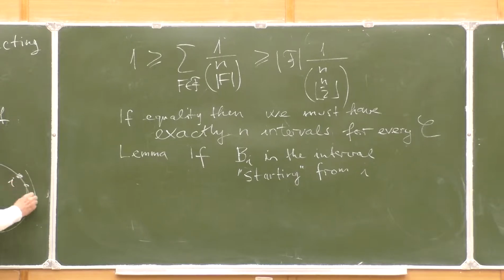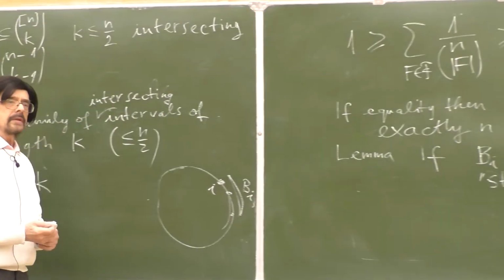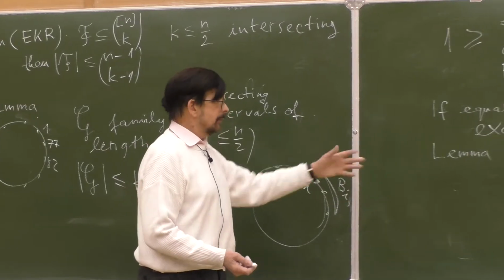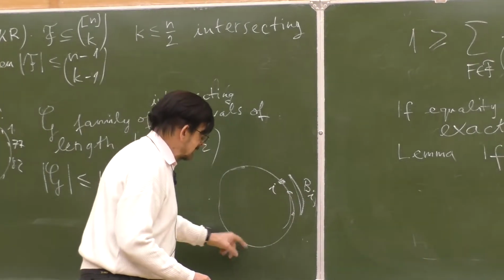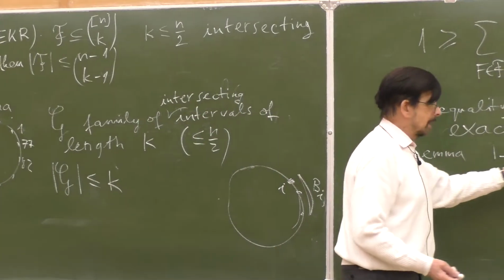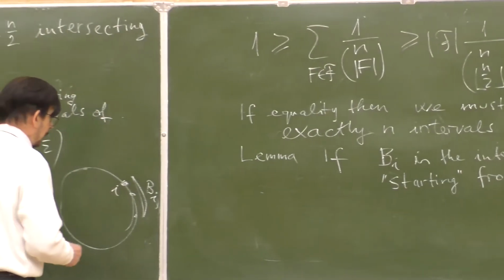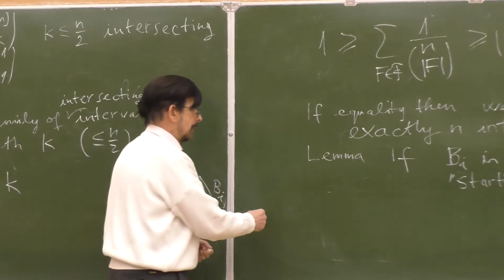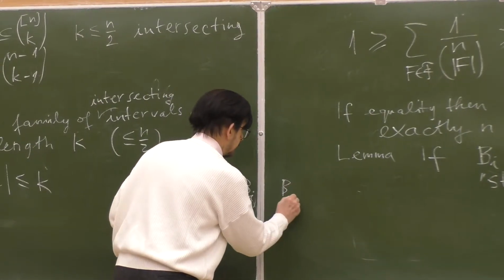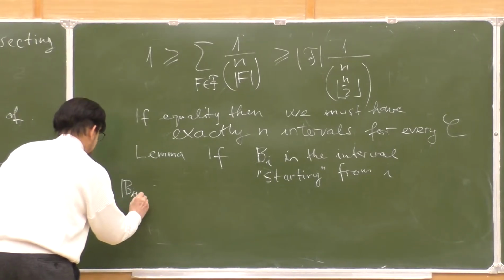So this is i, and this is B_i. Of course, here we always mix the elements, but for the moment we suppose that they are indexed from 1 to n. It doesn't make any difference, just it would be very complicated to use many indices. So what can we say about the size of B_i and B_i plus 1?